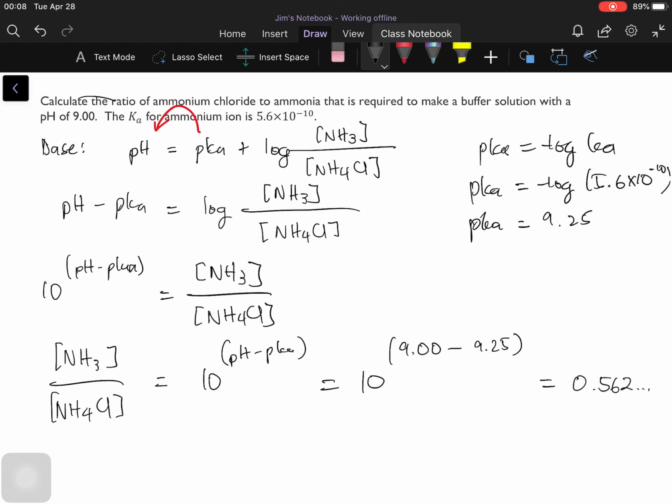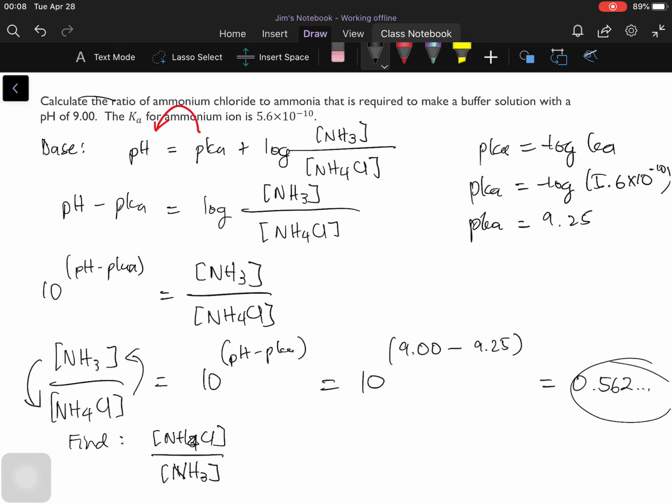Okay, so since the problem requires us to solve for the ratio of ammonium chloride over the NH3, what we're going to do is get the reciprocal of this number, because we're going to flip the equation. In order to flip that equation, we are going to get the reciprocal of this number.